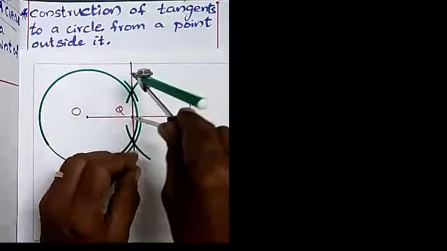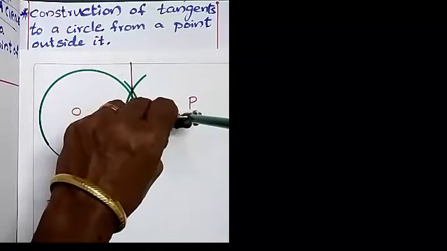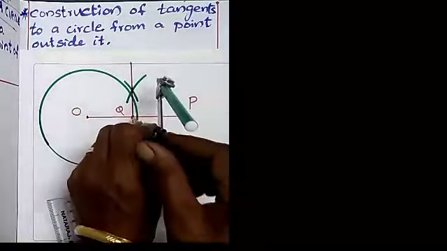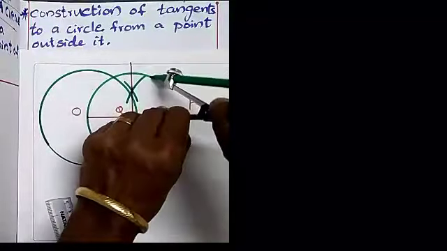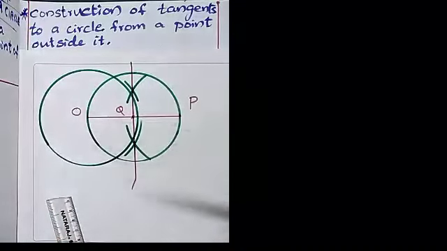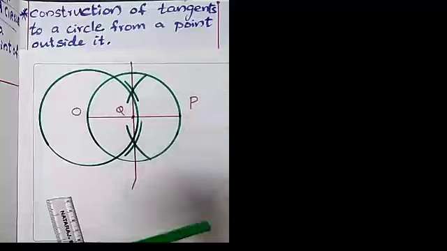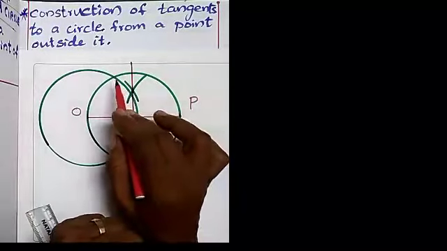You have to draw another circle, and it is sure that it will pass through the point P also. Understand? So here you can draw a circle which is passing through the points O and P with the center Q.